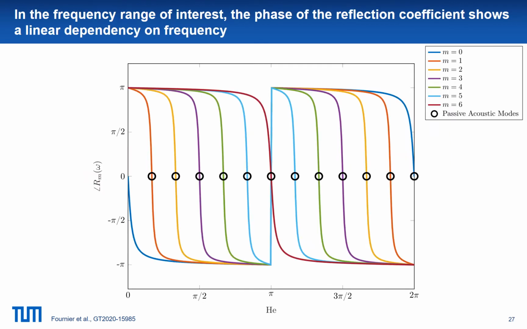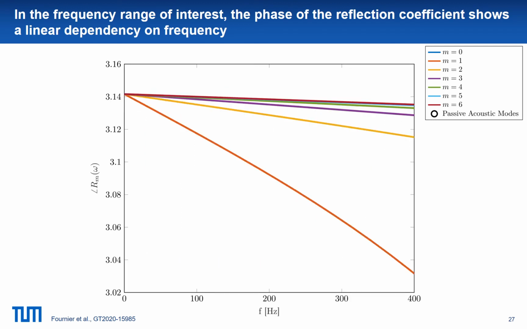In the frequency range of interest, the phase of the reflection coefficient shows a linear dependency on frequency. So this was the plot of the phase of the reflection coefficient for the dimensionless Helmholtz number. But in our case, if we zoom in on the frequency range of interest between 0 and 400 Hz, we can see that for every mode order, the phase is a straight line.